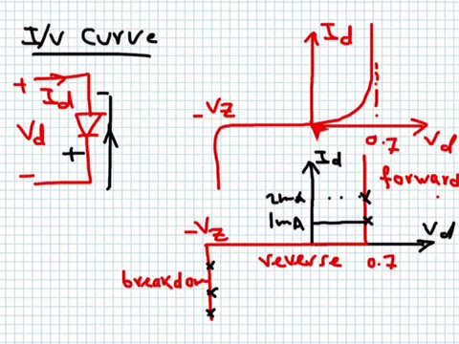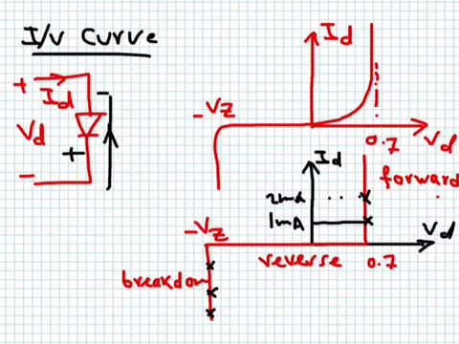If you make the anode voltage relative to the cathode negative, there will be no current flowing until the cathode becomes significantly more positive than the anode, and in that case you end up getting current flowing. Say V zener was equal to 9. Once the anode to cathode voltage becomes -9, which means that the cathode is higher in voltage than the anode by 9 volts, then current will start to flow.